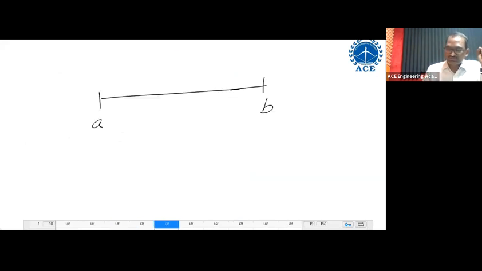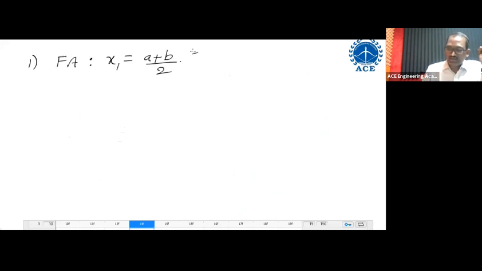The first approximation is the average of a and b, that is a plus b by 2, also denoted by x1. Immediately find out f of x1. Suppose f of x1 is equal to 0, then x1 will be the required root.